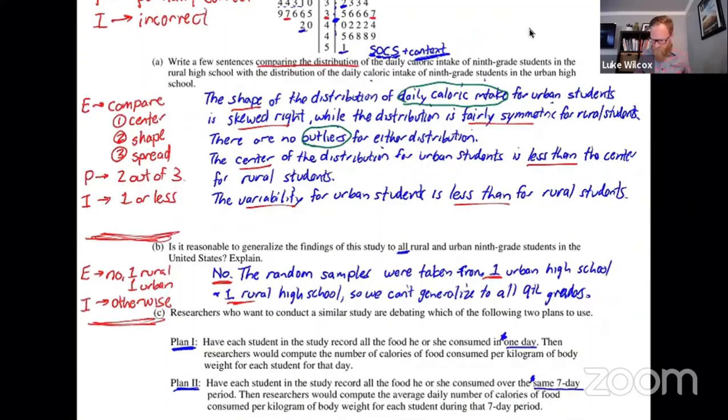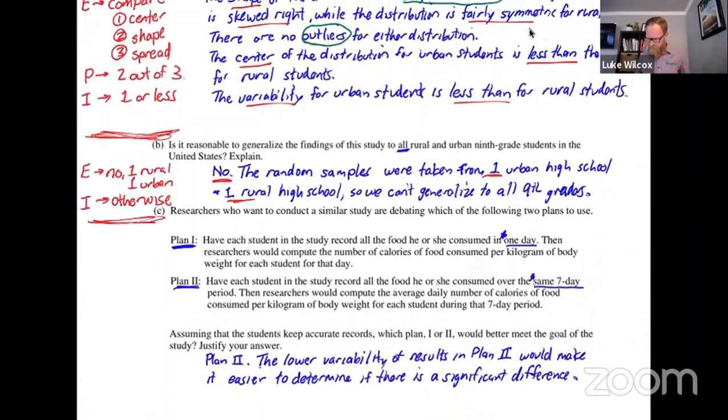All right, and let's move down to the third part, part C, and let me talk about what you would need in order to get an essentially correct here. Well, the first thing is you'd have to pick the right plan, which is plan 2, and then you'd have to give an explanation, and the explanation has to be based on variability by saying that the variability is lower for plan 2 than it is for plan 1.